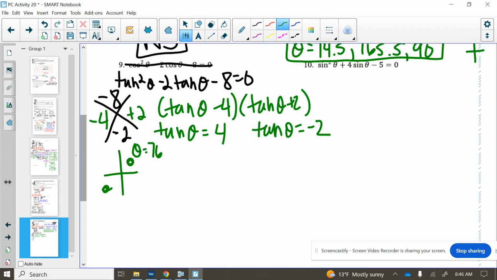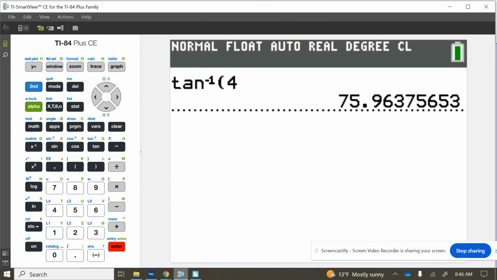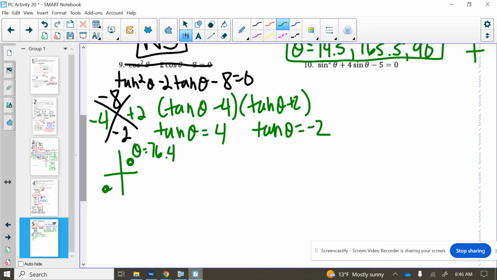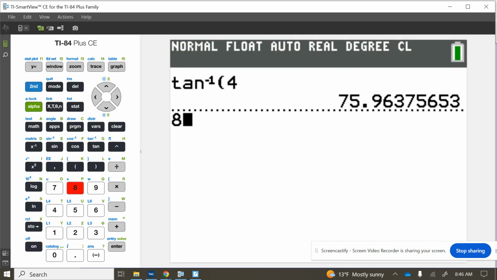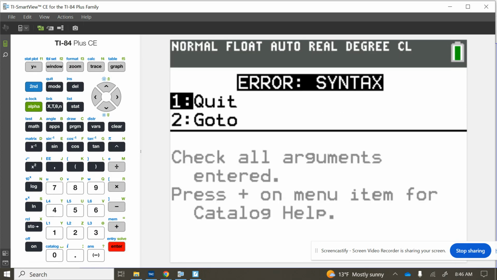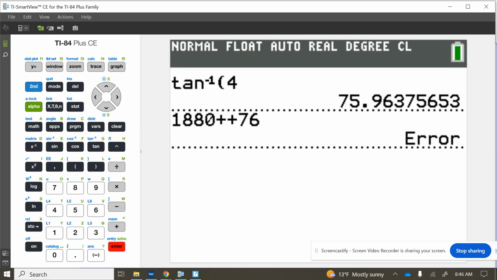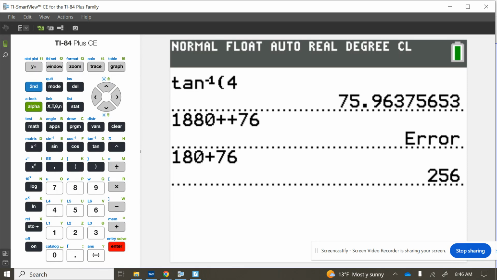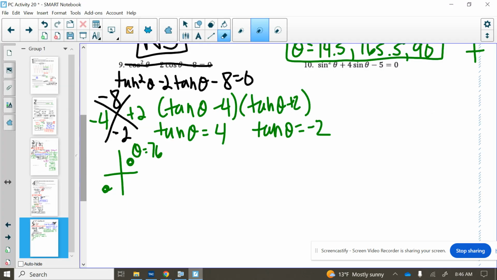So again, 76.0 is actually our reference angle. And if we do 180 plus that value of 76, we get our quadrant 3 value of 256. So two of our answers are going to come from that piece: 76 degrees and 256.